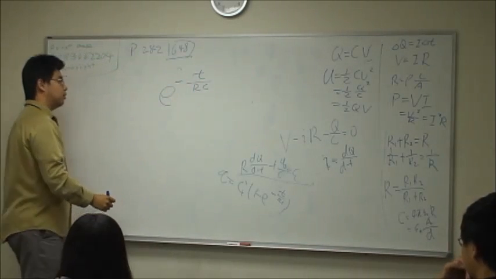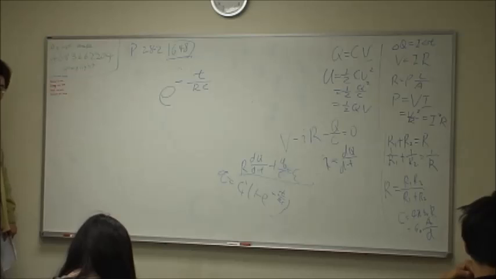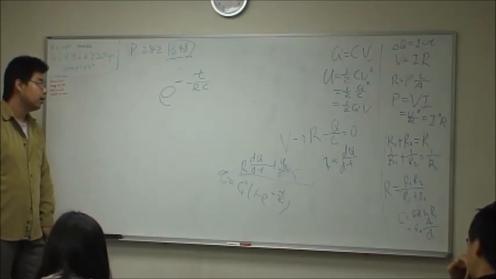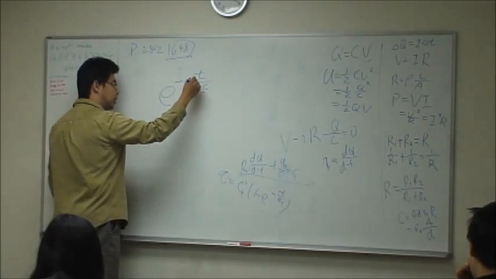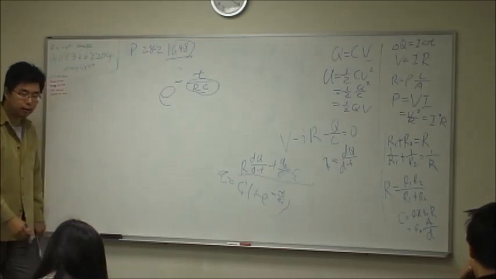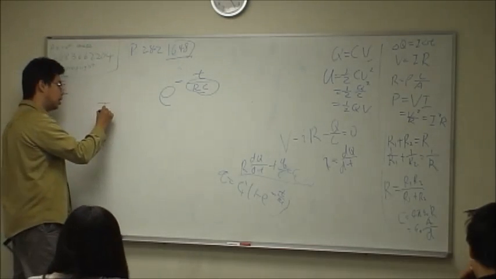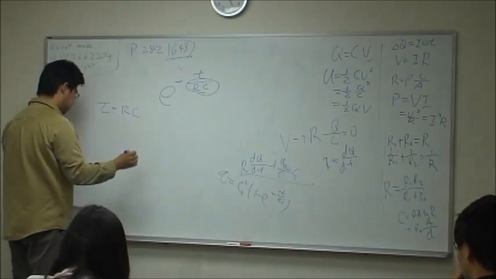This is the term I want you to remember. It's always an exponential term that changes with a time constant of RC. We call it tau, which is equal to R times C.